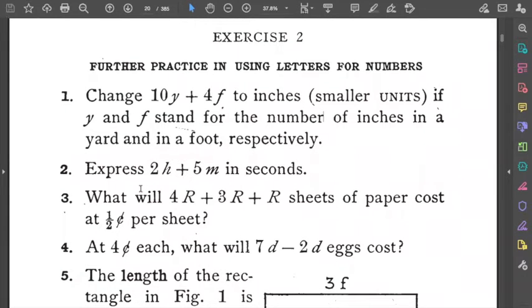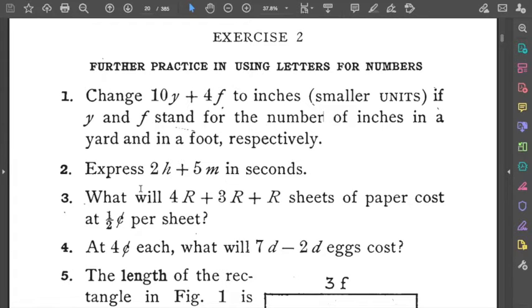Now 17. Change 10y plus 4f to inches, that is smaller units, if y and f stand for the number of inches in a yard and a foot. You just have to know how many inches make 1 yard and how many inches make 1 foot.